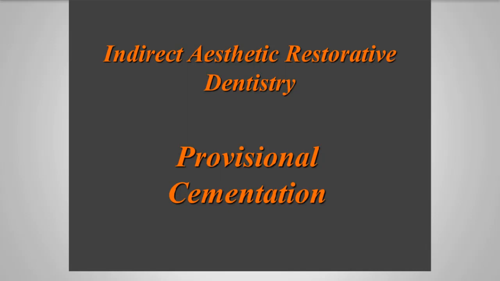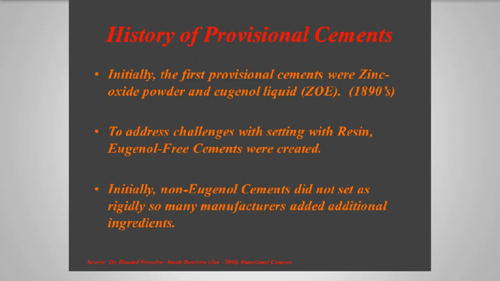A little bit of history on provisional cements. Initially, the first provisional cements, and a lot of them still on the market today, are zinc oxide powder and eugenol liquids. These date back to the 1890s.